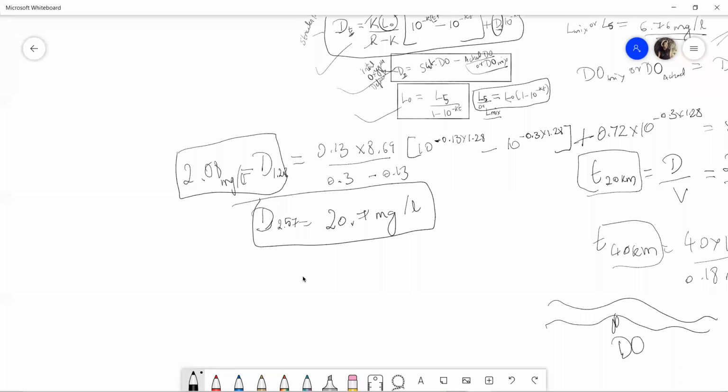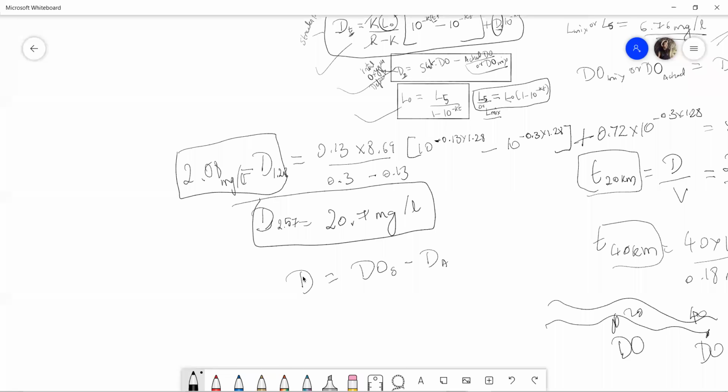You don't want the difference between the saturation and the dissolved oxygen; you want the dissolved oxygen which is present. So you have to find the DO at 40 kilometers and 20 kilometers. Now you know the oxygen deficit and you know the formula: oxygen deficit is equal to dissolved oxygen of saturation minus dissolved oxygen of actual.